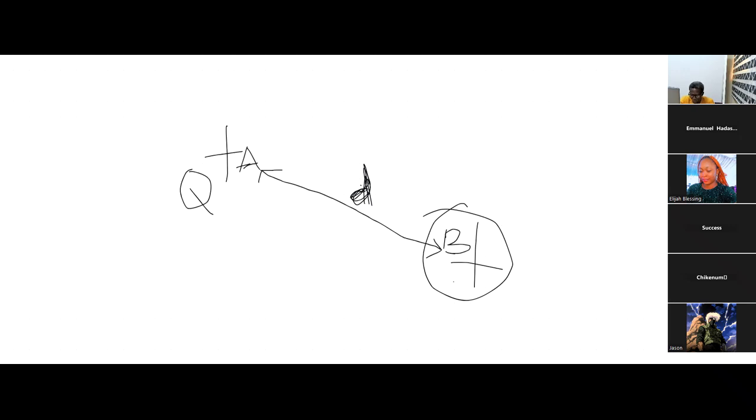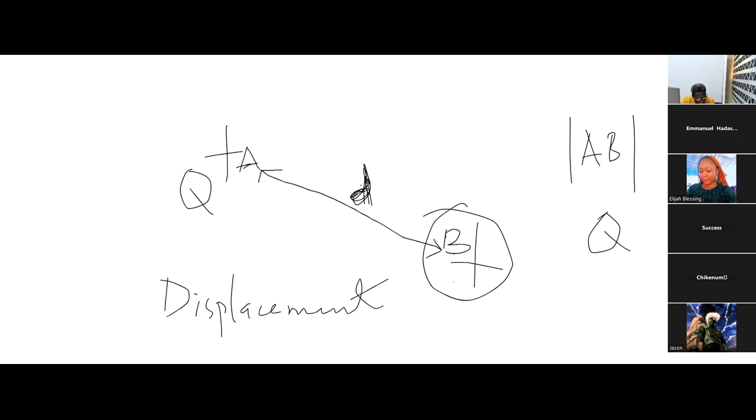Though a distance AB has been covered by Q, fine, there's no crime. But it has a direction. Because it has a direction, then it becomes a displacement. Are you with me? Yes, sir.